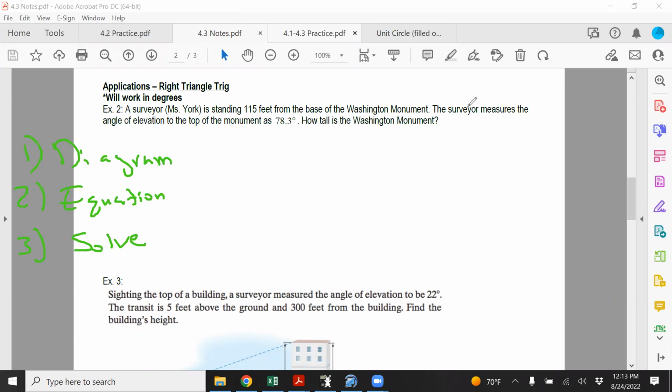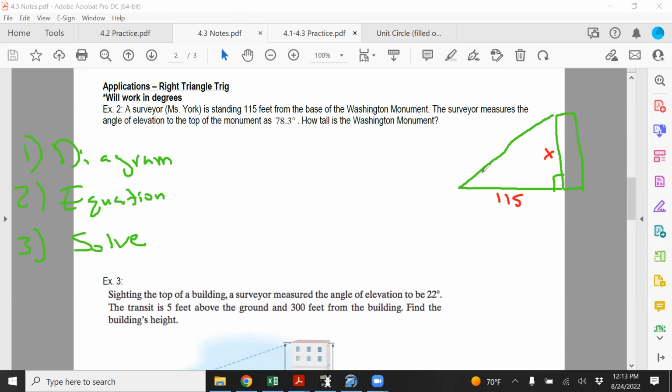So the diagrams shouldn't be too hard. If you have one, that's great, but sometimes you're not given one. Okay, so let's say this is the Washington Monument. And how far is she standing from it? And what do I want to find?